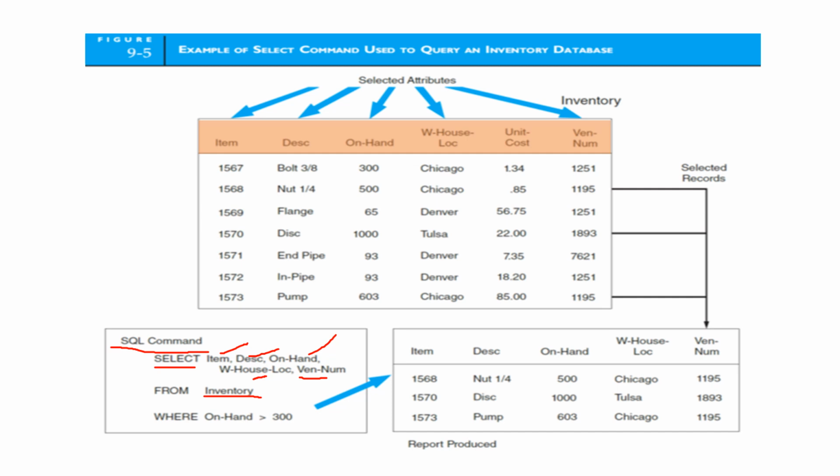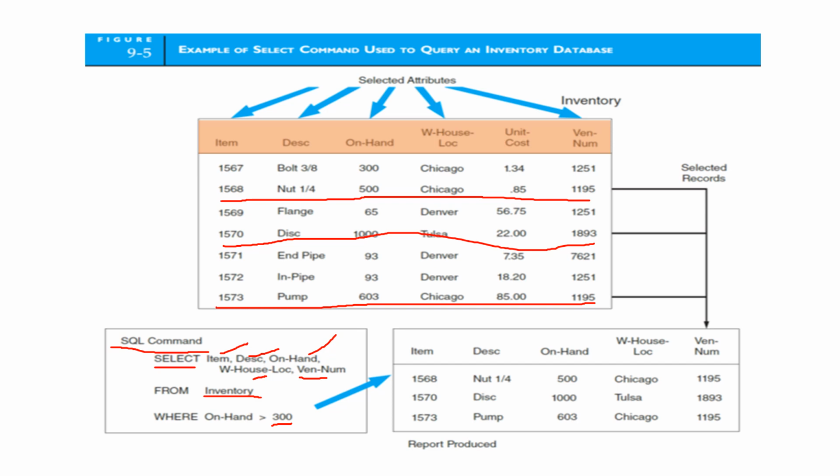Where on hand should be more than 300, bigger than 300. So if you see the table here, it selects three items or three lines: 1, 2, and then 3. Why these three? Because those three are the ones with on hand above 300, the others are less than or equal to 300. So it selects only those three.